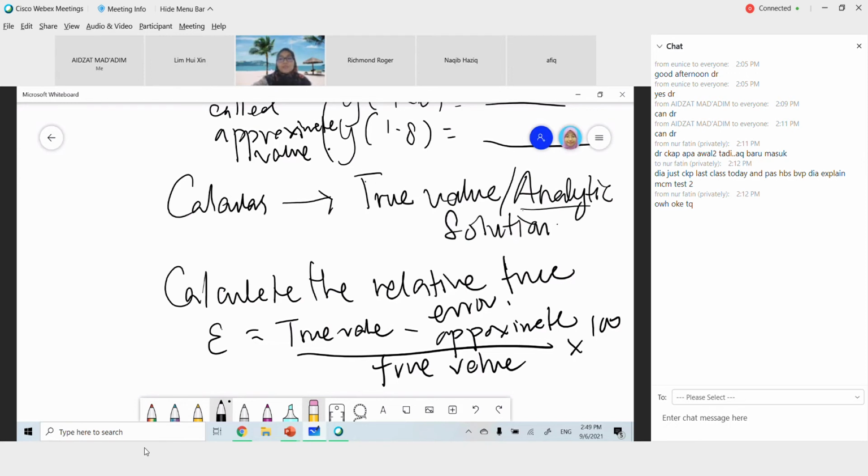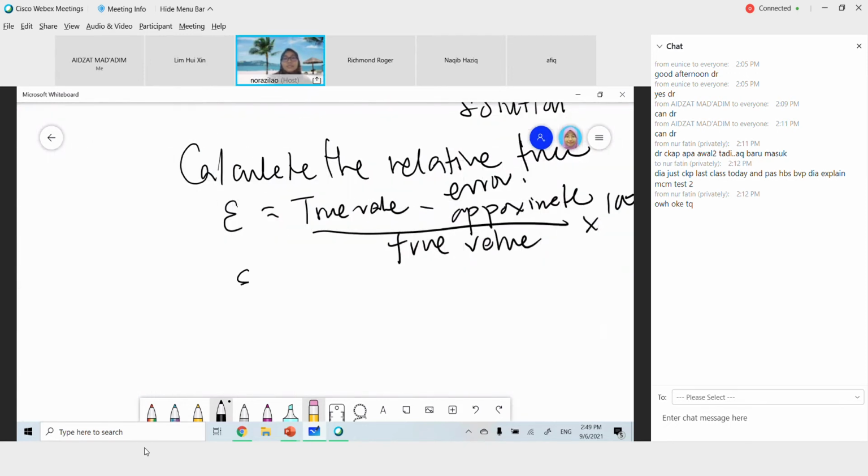Okay. So you dapatlah error. This we call as relative true error. Percentage. Boleh ya? So please go through it again.